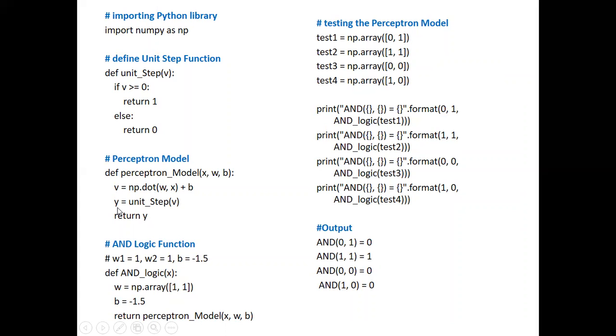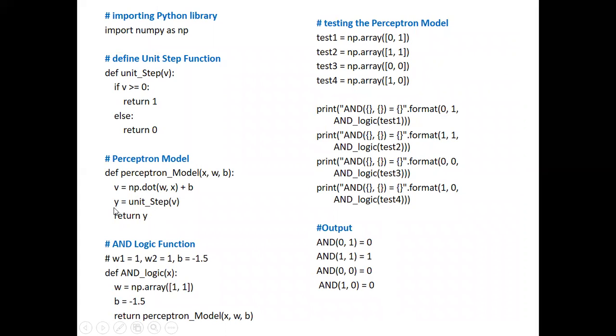Is it clear? Again, v is our input function, calculated as the product of the weight and the input plus bias. This is then given as input to the activation function, where the activation function is the step function.